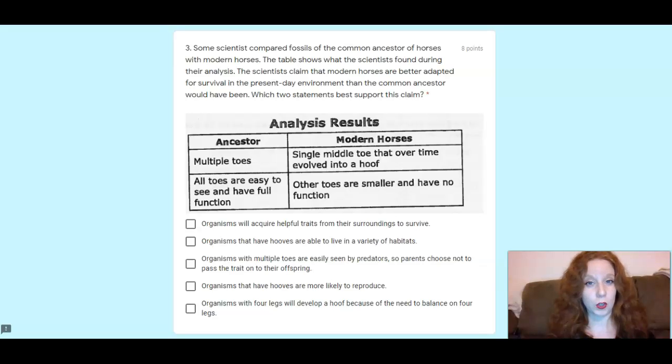I don't know about you, but the thought of having hooved dogs and hooved cats or hooved hamsters or geckos, no, that doesn't seem like that's going to be a thing anytime soon. So I'm going to say that's a hard pass on that one.